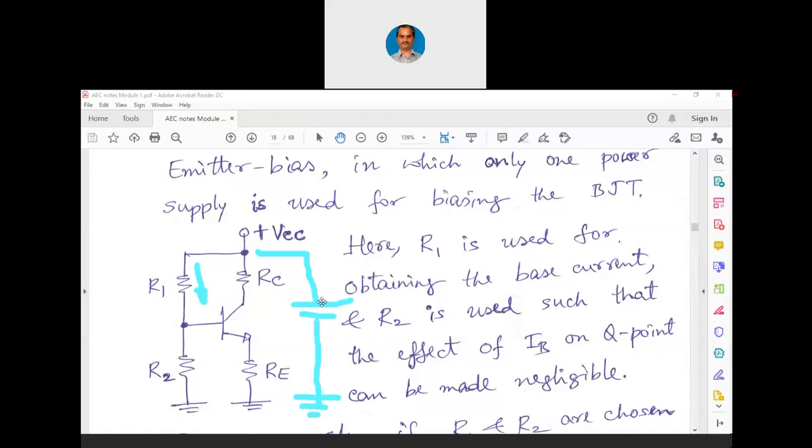Okay. Now, current is flowing from the power supply through R1 and we will have one IB here and we will have one IR2 here. What we can say by applying KVL here is IR1 is equal to IB plus IR2.